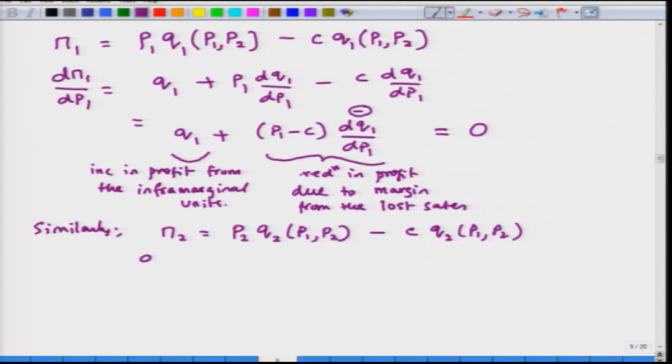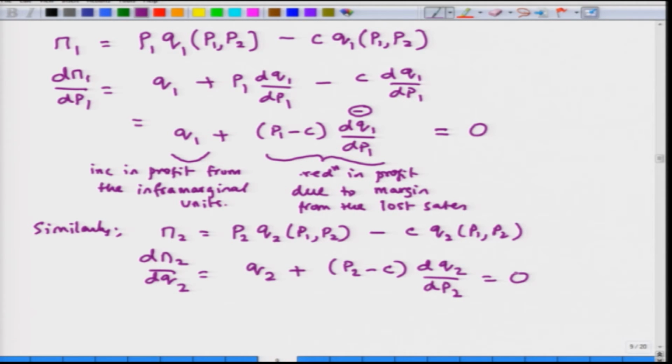Now, following a similar analogy, I am going to have Q2 plus P2 times dQ2/dP2 minus C times dQ2/dP2. We will pull these two things together. So, this is Q2 plus (P2 minus C) dQ2/dP2, which is equal to 0, right.